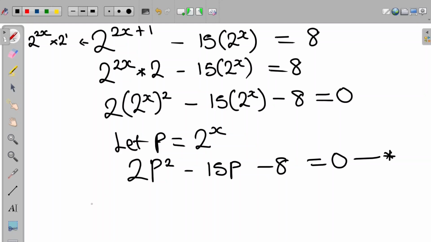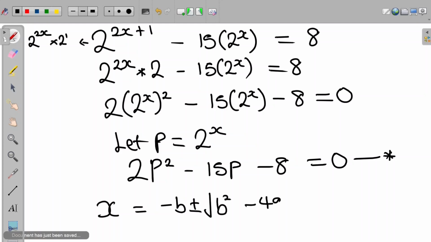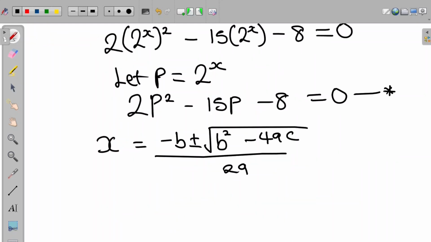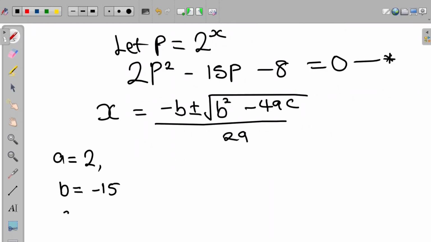So we have it that x is equal to minus b plus or minus root of b squared minus 4ac, divided by 2a. So from our quadratic formula, a is the coefficient of p squared, which is 2. b is the coefficient of p, which is negative 15. And also, c is the constant term, which is negative 8.